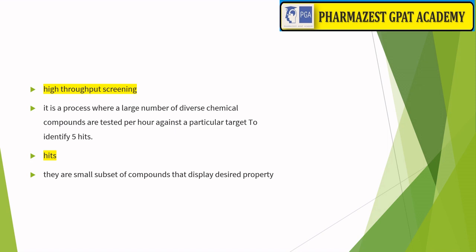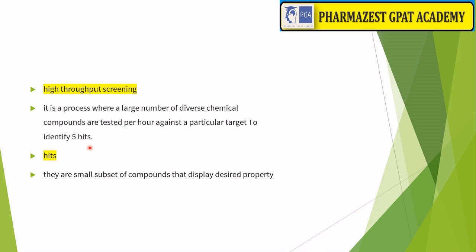What do we mean by high throughput screening? It is a process where a large number of diversified chemical compounds are tested per hour against a particular target to identify the hits.